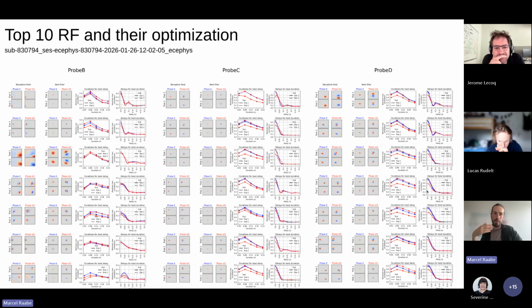Because overall, let's say we should find a very small delay. The delay should never be 0, but for some reason in this session we don't see it so clearly. And Lucas had an idea how we could explain this, because in the end the stimulus is very, very predictable, and of course you have a lot of activation going on even in V1.